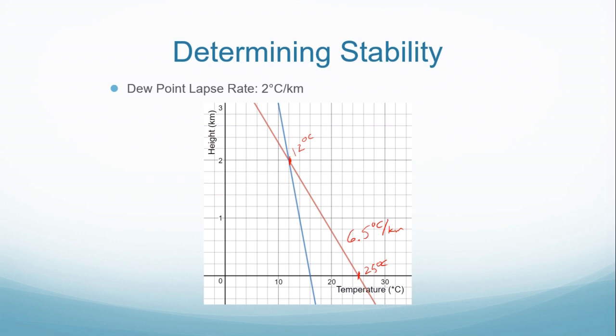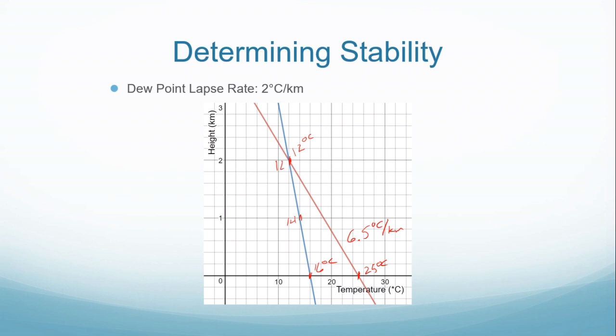But now let's look at the dew point. Let's say that at the surface, we have a dew point of 16 degrees Celsius. Since it drops 2 degrees Celsius per kilometer, it drops down to 14 at 1 kilometer, then down to 12 at 2 kilometers.